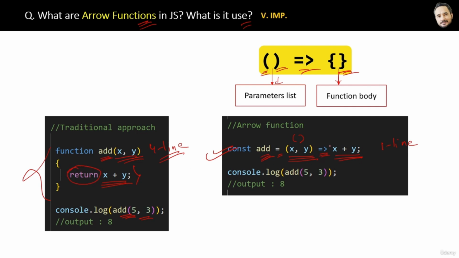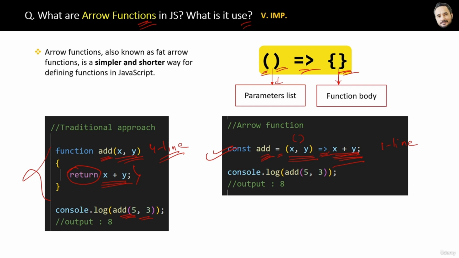Arrow function will automatically understand that, okay? So finally, the definition of the arrow function is: arrow functions, also known as fat arrow functions, are a simpler and shorter way of defining functions in JavaScript. That's it. Now I think this concept is permanently fixed in your memory.